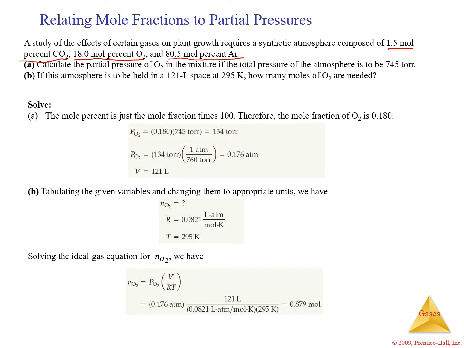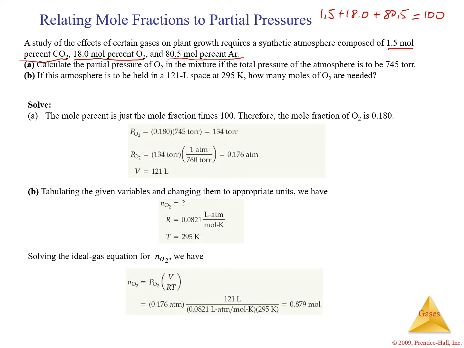Notice that if I add 1.5 for the carbon dioxide and 18.0 for oxygen and 80.5 for argon, this sums up to exactly 100, which is a scale for the percent.